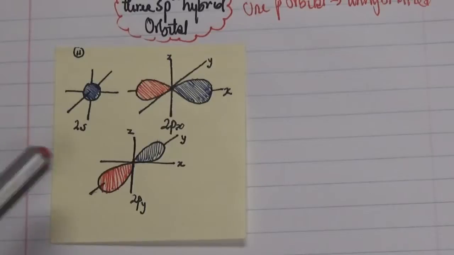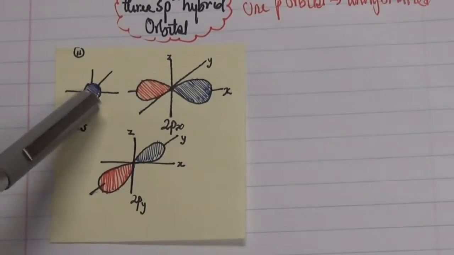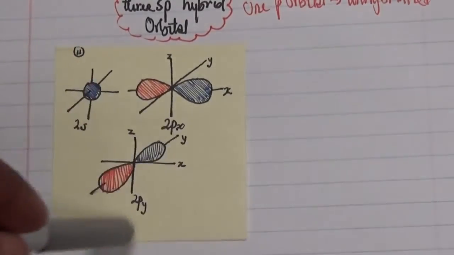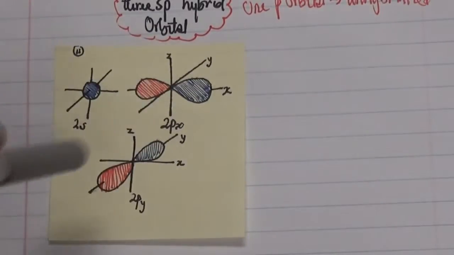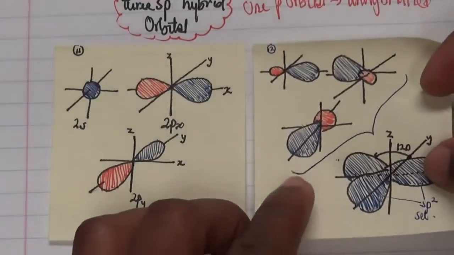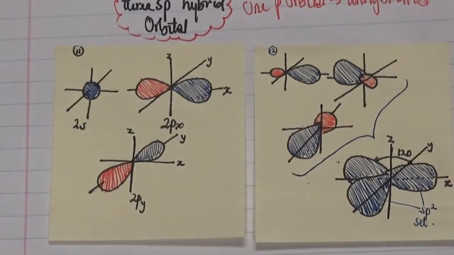So what I'm saying is that the 2s orbital, which is a square, will combine with the 2px and the 2py, and once you combine them, they will be hybridized to generate the sp2 hybridized orbitals, and these hybridized orbitals are 3 in number.